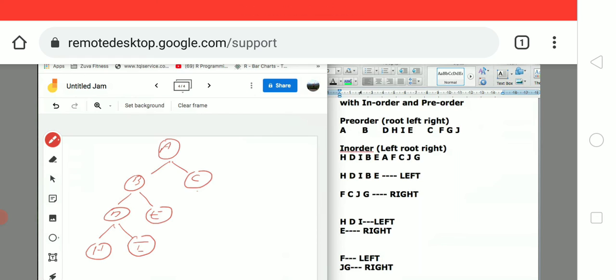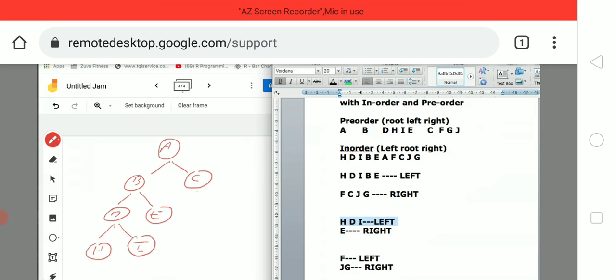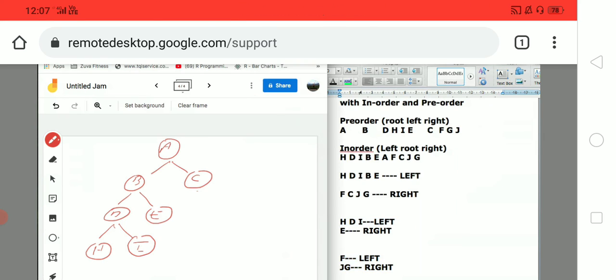Now we have to check the C side elements. So F, G, J are the elements, and we already split the elements, and F is on the left side and it is the single element here, so F becomes a leaf node.